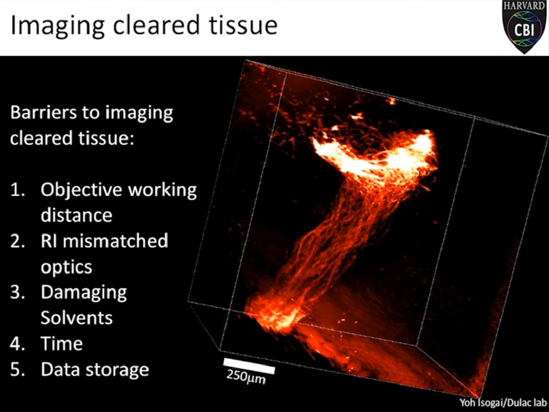And this generally isn't a problem with the clarity technique, but sometimes we have to watch out for solvents that can damage our microscopes. Finally, we have to deal with the amount of time it's going to take to image a sample. And lastly, as I mentioned earlier, we're now going to have a lot of information from our sample, and we're going to have to figure out some way to store this data and some way to analyze it and visualize it.